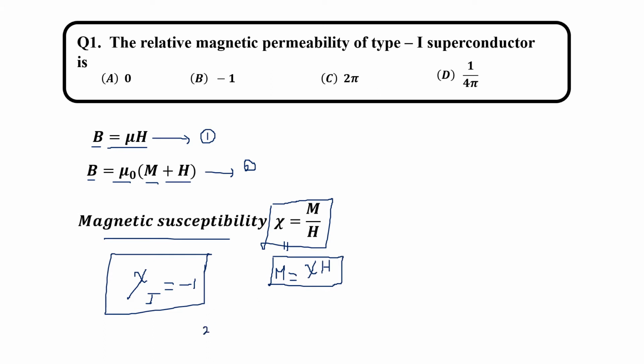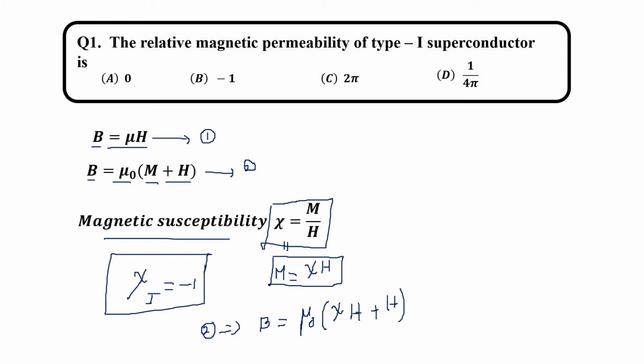If we substitute in the second equation, what do we get? The magnetic field induction B equal to mu naught, the vacuum permeability, times the magnetization, which we replace by chi times H, that means the magnetic susceptibility times the magnetic field, plus there is an extra H.